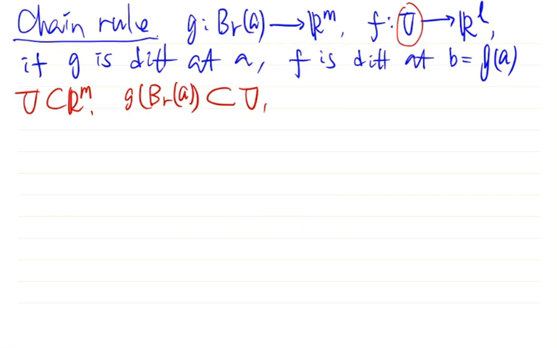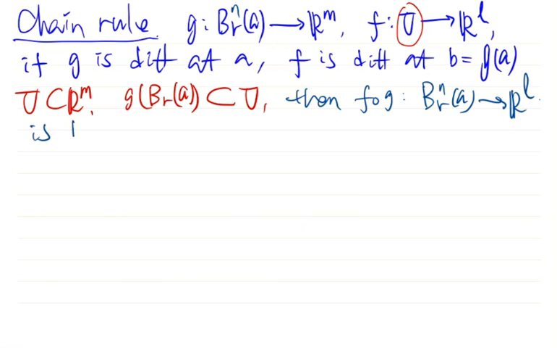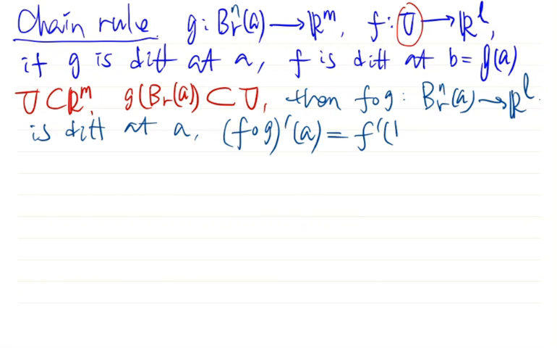The conclusion of the theorem is that the composition, a map from the neighborhood of A in Rn to RL, is differentiable at the point A, and the derivative of this composition at A is the derivative of F at the point B multiplied by the derivative of G at A. So this is the chain rule.